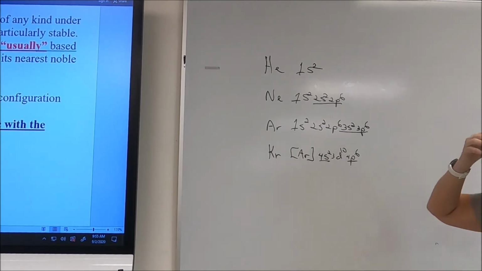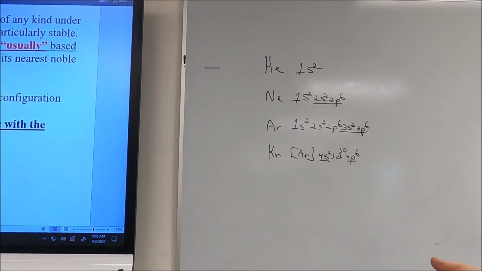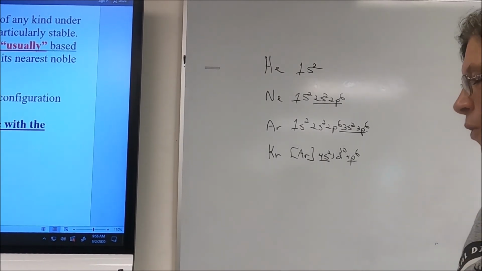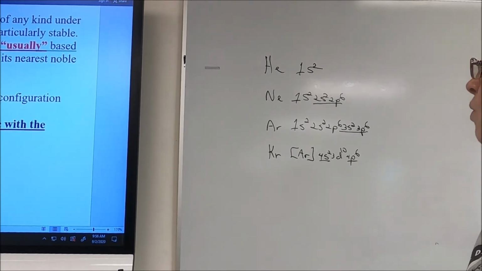All the members of the noble gas family have 8 electrons in their outermost shell. So what we see when we start looking at ion formation, especially for main group elements, is they want to look like their nearest noble gas neighbor.